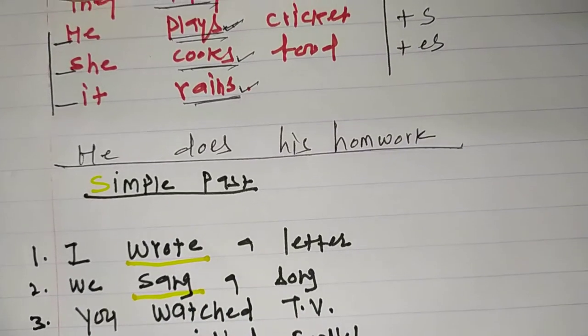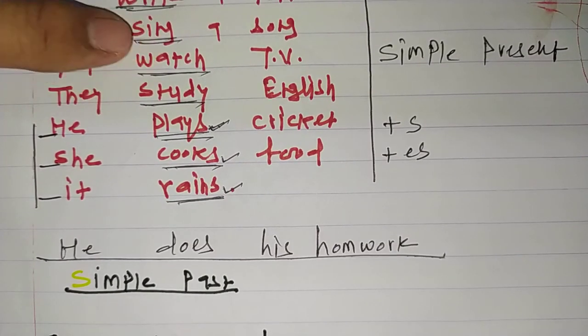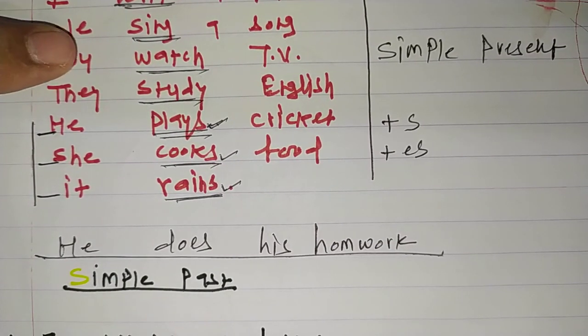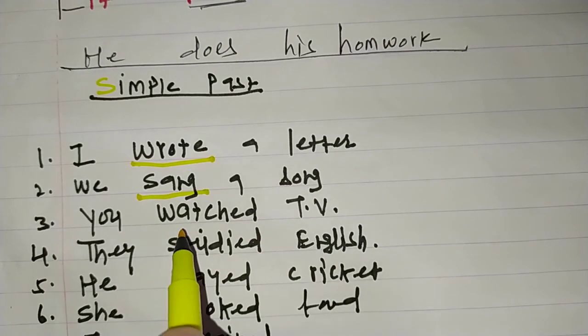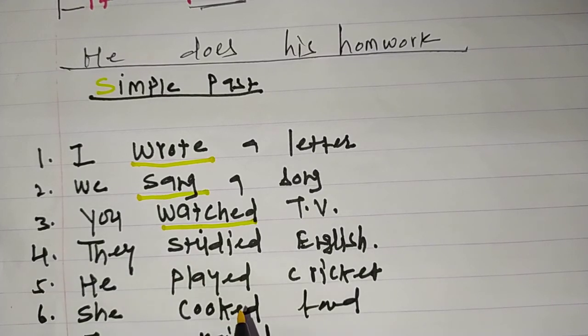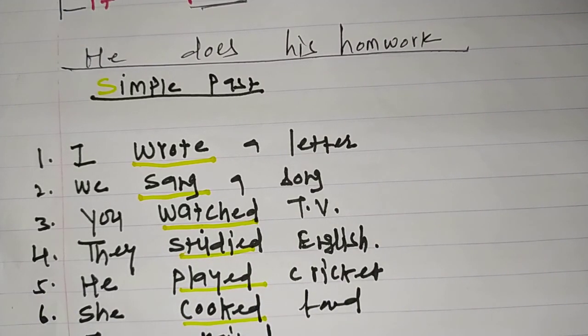You watch TV, watch is the first form, we wrote second form, watched. Like that. Study, studied. Plays, played. Cooks, cooked. Rains, rained. So friends, you should remember, whenever you frame a sentence of simple present, write first form. Whenever you write a sentence of simple past, write second form of the verb.